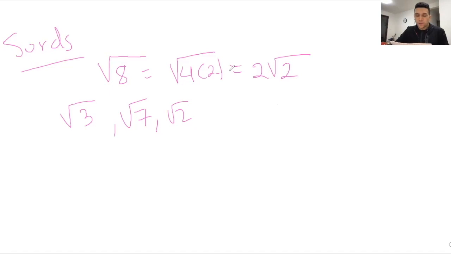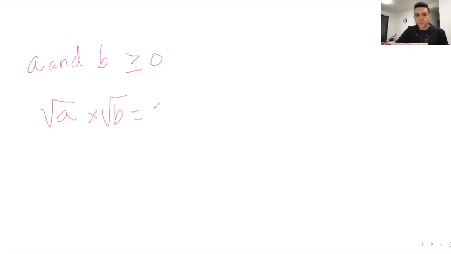And the properties of these, you probably know this stuff, but in case you forgot, we're going to review them real quick. If I have these two numbers, A and B, being greater than or equal to 0, remember that if you have them inside the radical and you're multiplying, you just bring them both inside the radical sign and multiply them together.